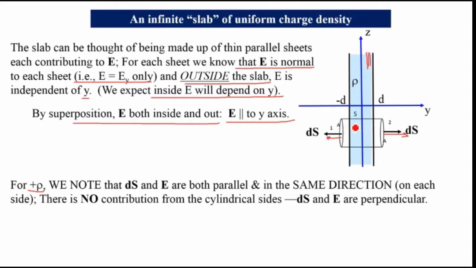For the same reasons that we've talked about before, there's no contribution to the flux on the sides because the ds vectors are normal to the direction of the E field. We can ignore the entire sides of the pillbox in terms of the flux. We only have to deal with the ends.